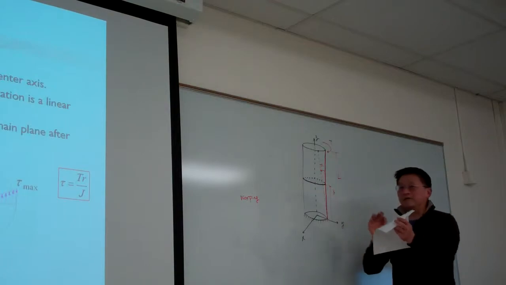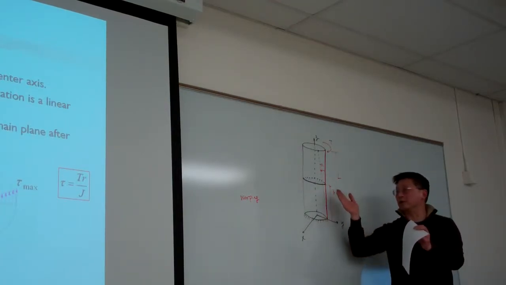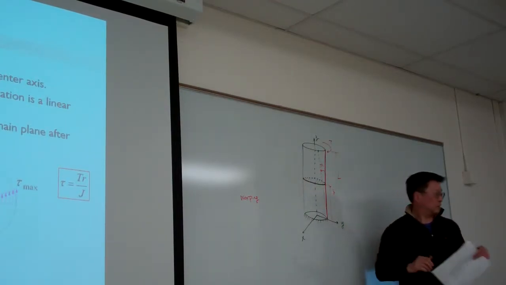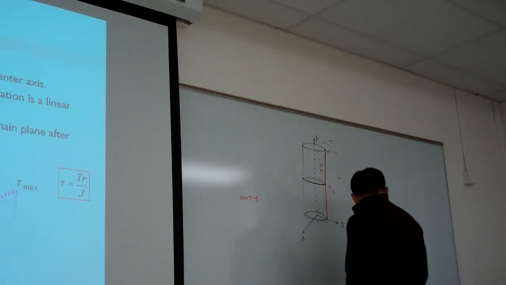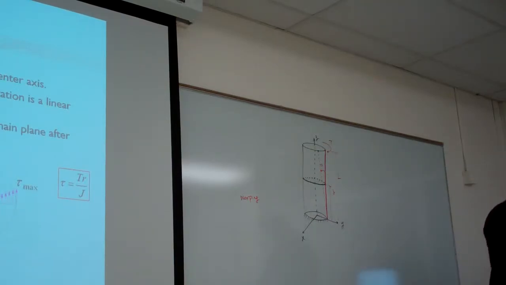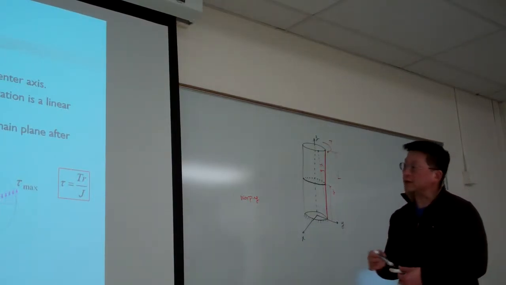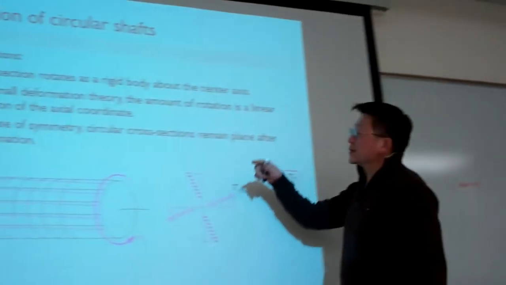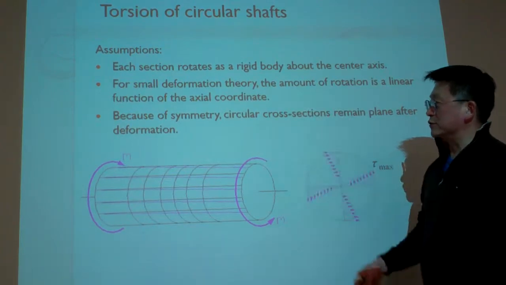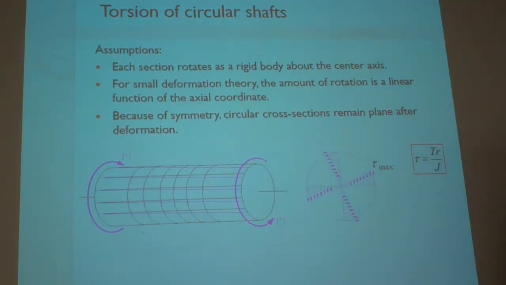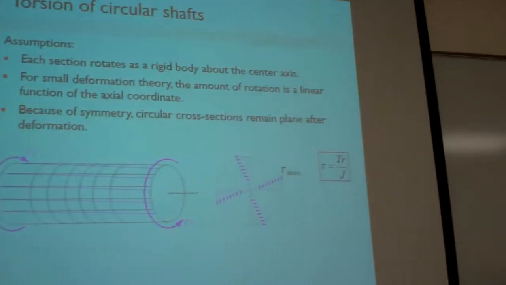But for a circular shaft, there's no warping. Every point, all the points remain as a plane there. So the third assumption is only valid for the circular shaft. Okay. We will gradually use, in particular, the first assumption and second assumption to help us derive the closed form solution for torsion and for different shapes of the cross section.